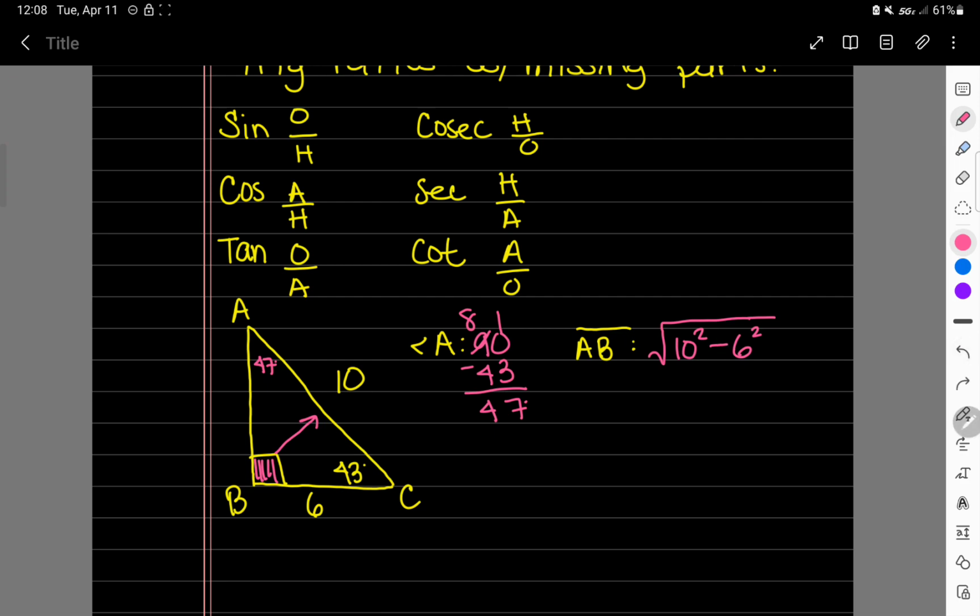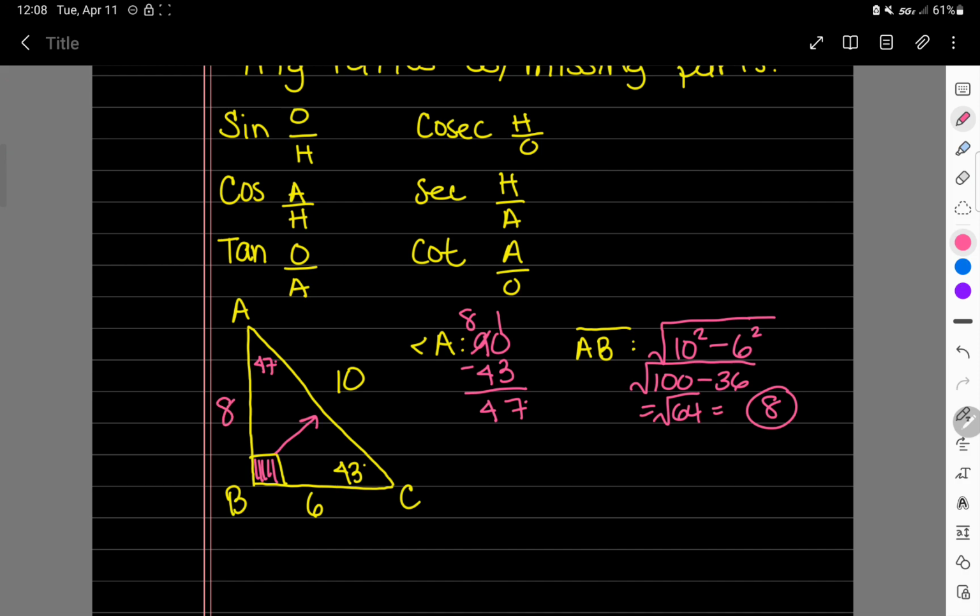We're missing side A, technically, on a right triangle. So this is the square root of 100 minus 36. That gives us square root of 64, which is a perfect square of 8. So this missing side is now 8.